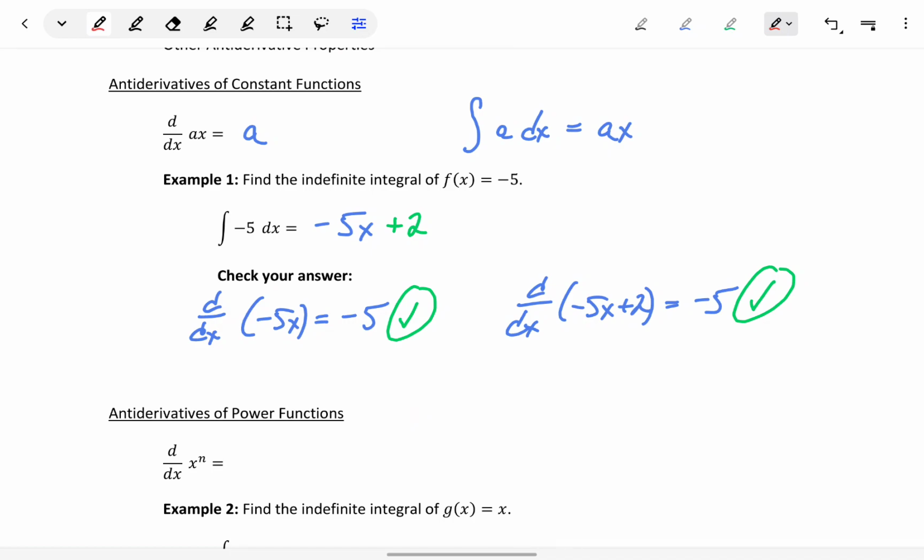So instead, what we do is add a +c onto the end of this antiderivative, or onto the end of this indefinite integral, where c is just an arbitrary constant and represents that infinite number of values that could be added on to the end of this. And still, when we check that result by taking the derivative, this would still be correct.